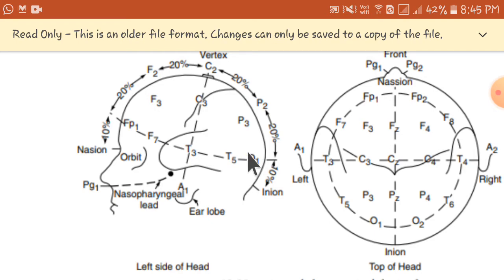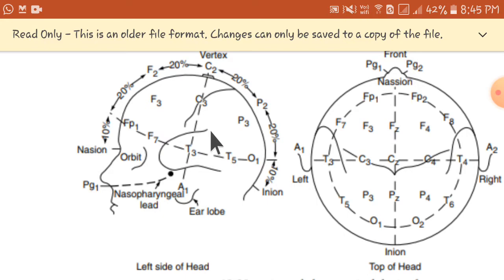All these letters have a number suffix. The odd numbers refer to electrodes on the left side of the head, and the even numbers represent those on the right side. Z denotes the midline electrodes.